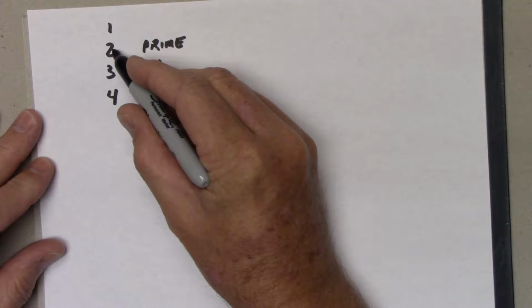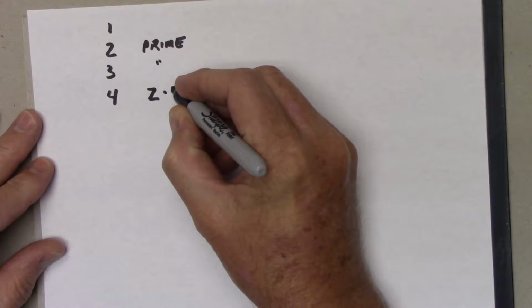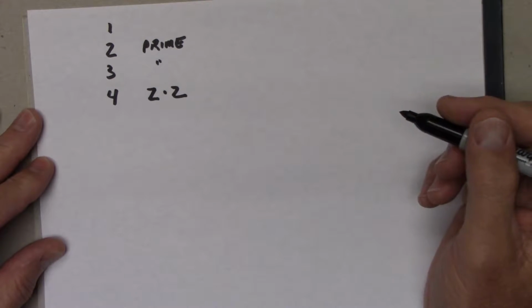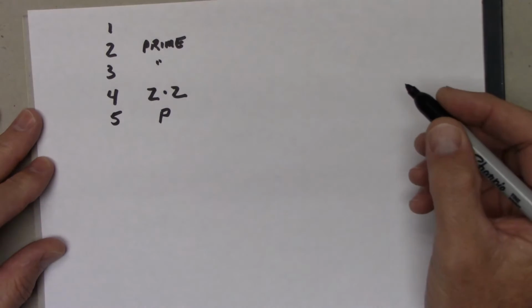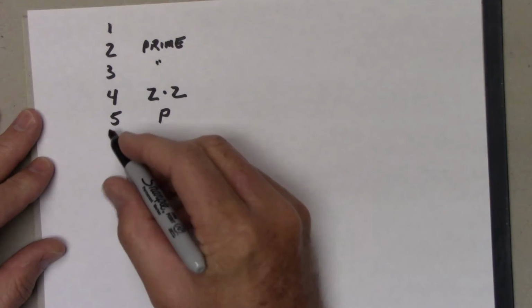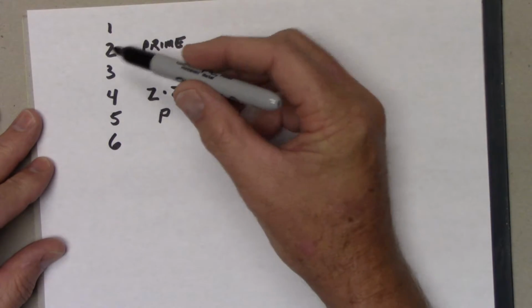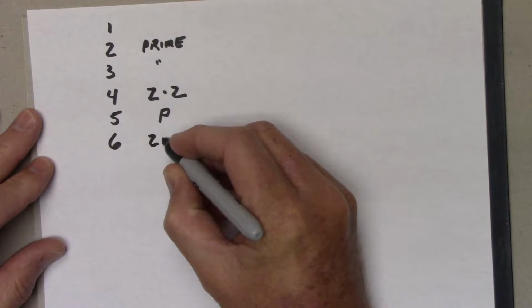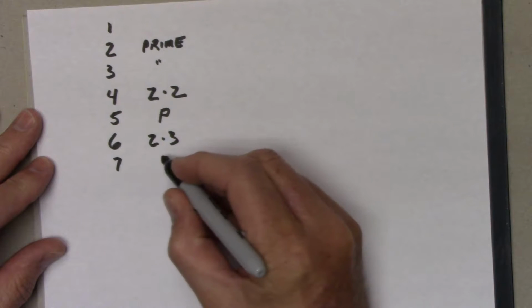We take this prime number here, 2, and we multiply it. 2 times 2. I use a dot for my multiplication. 5 is prime. 6 we make by multiplying the prime of 2 and the prime of 3. 2 times 3. 7 is prime.